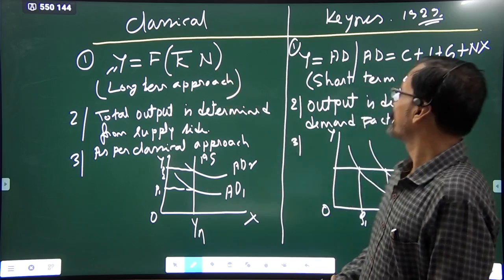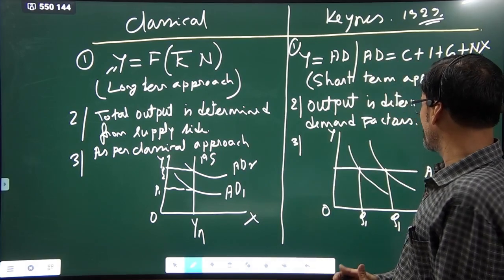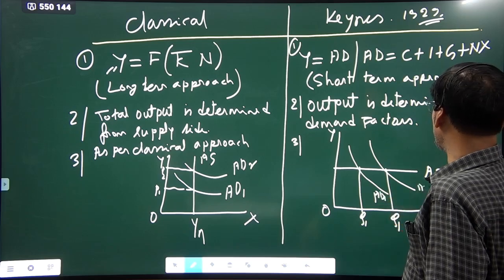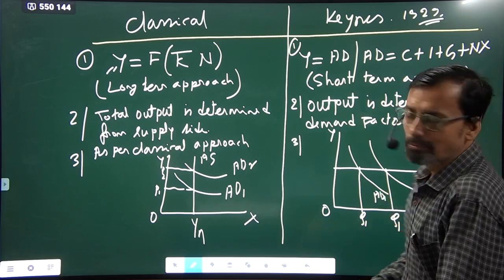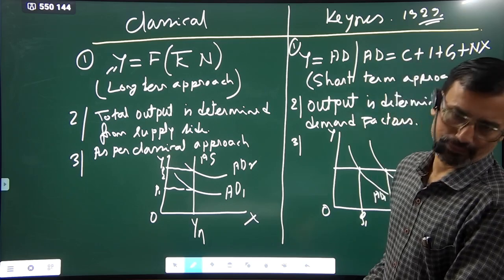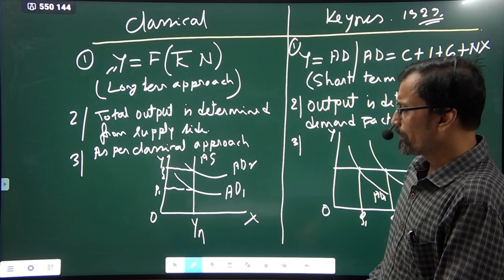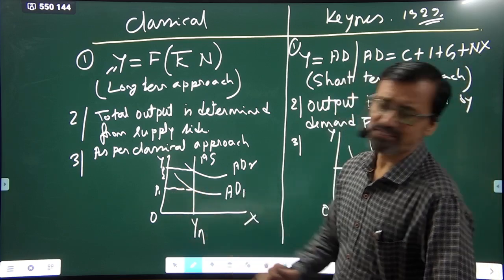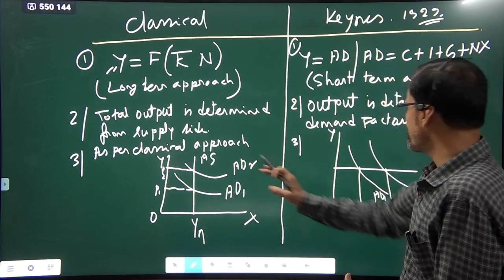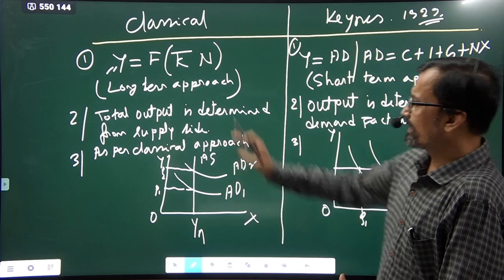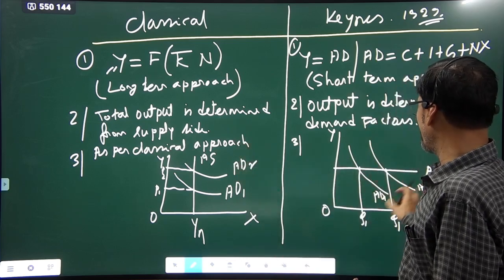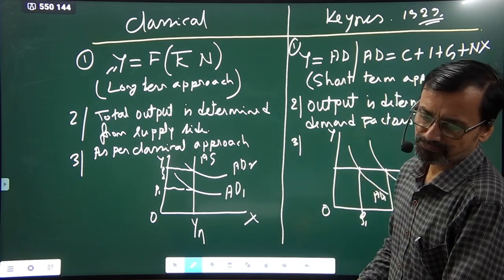On the contrary, in the Keynesian version, the more the aggregate demand, the more output is produced in the economy. So you can say one thing: the price is flexible in the classical model, but in Keynes, the aggregate demand is flexible.